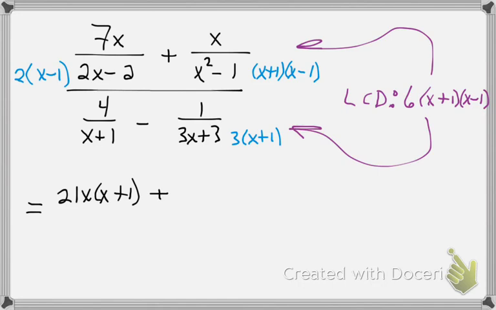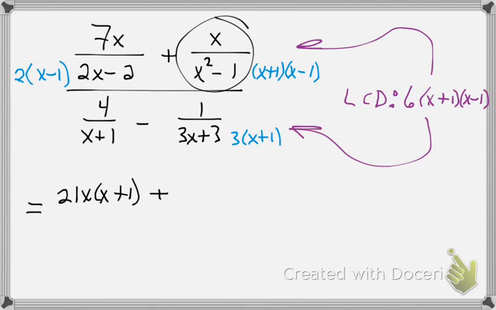So I have 21x, x plus 1. Do you guys see that? The x minus 1 will cancel. The 6 is reduced by 2 to a 3. So 3, x plus 1 times 7x is 21x, x plus 1.